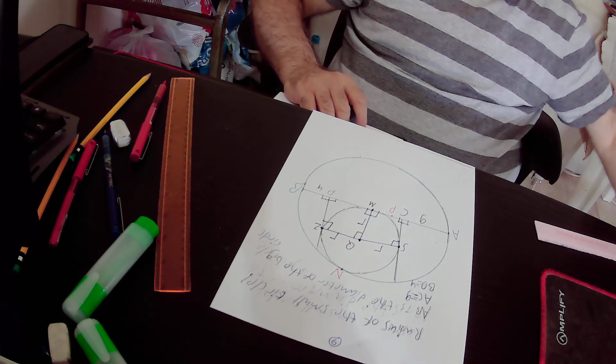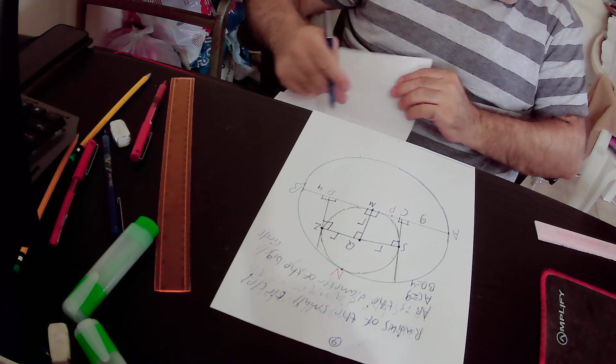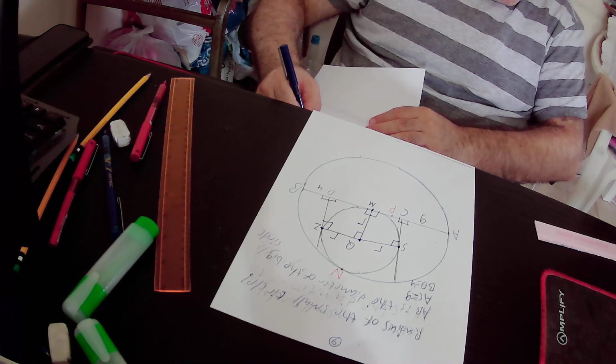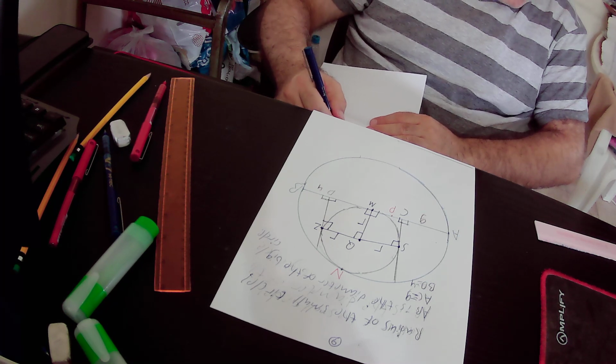Okay, so our quadrilateral QZMD has 4 right angles.